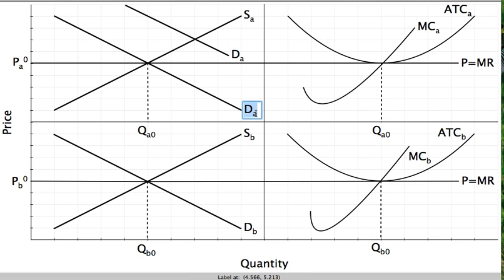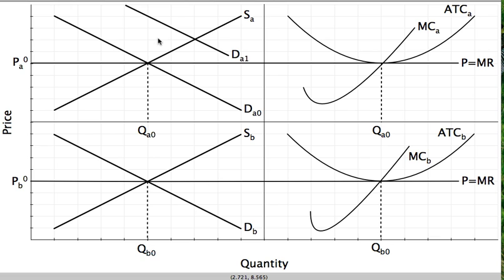So here is the original demand before the changes in preference, and here is the new demand after preferences have changed. So our demand curve has shifted from this here to this here. This has shifted outward because people's preferences have shifted over to A away from B. So there are more people buying A, so the demand curve shifts to the right.